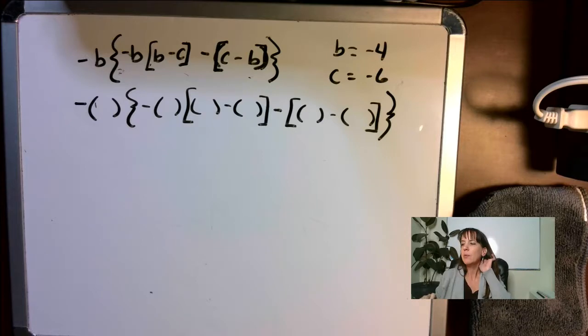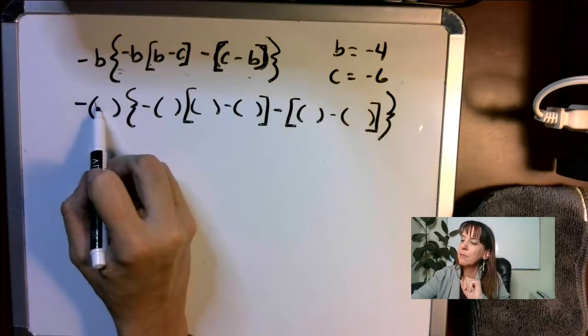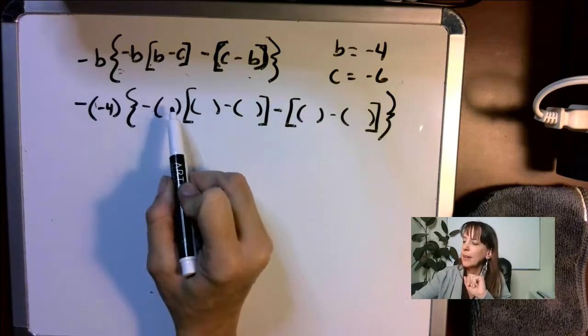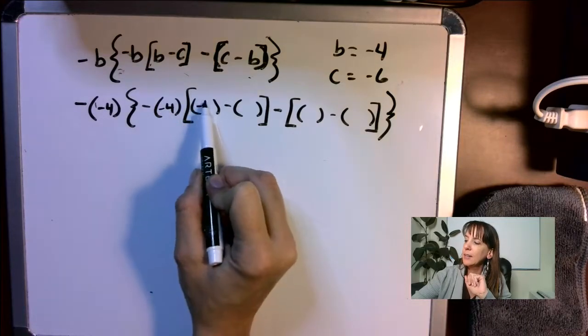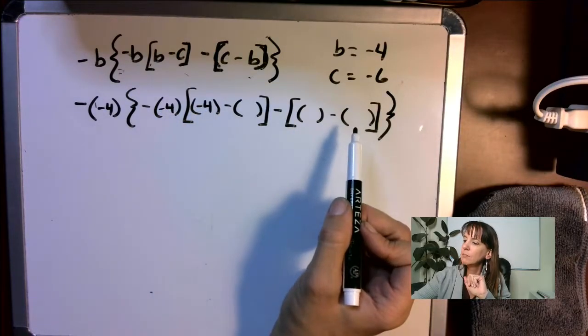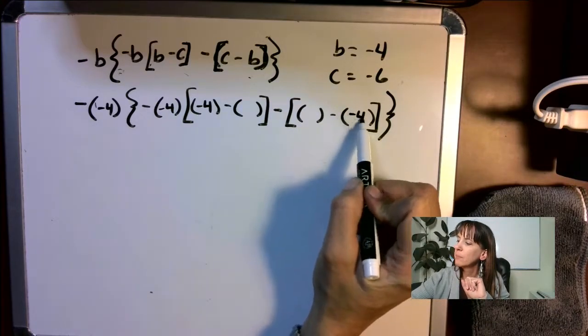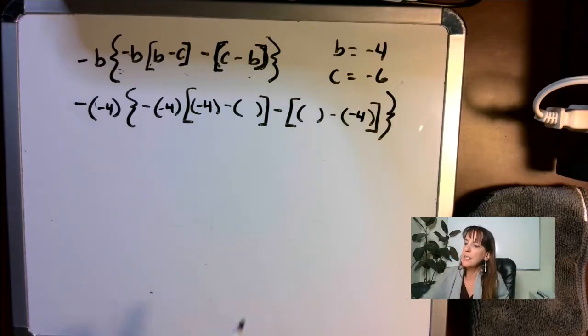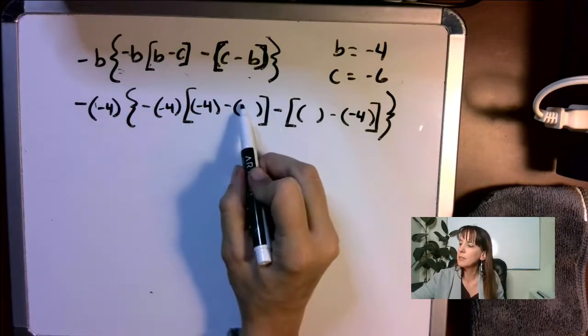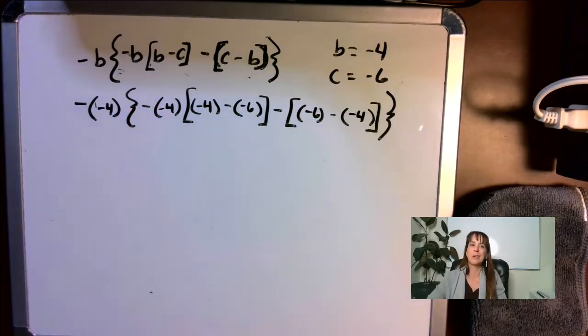All right, so anywhere that there is a b, I'm going to put in a -4, so that goes here. That goes here, here, and on our b over here, -4. And then anywhere there's a c, there's just those 2. We're going to do a -6. All right, so simplifying time, right?